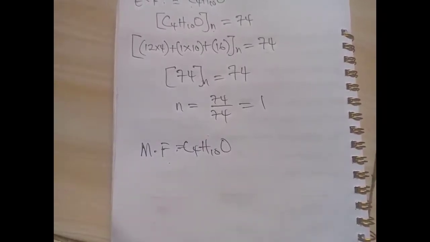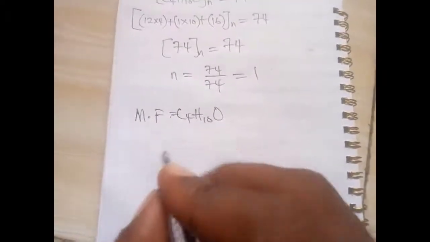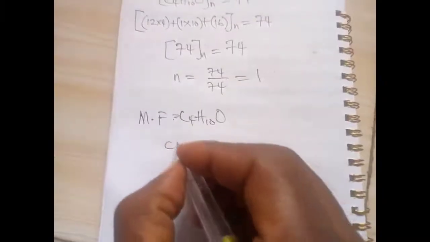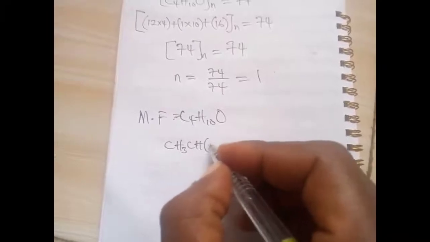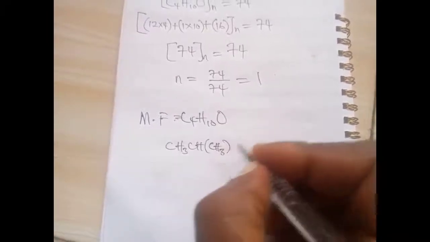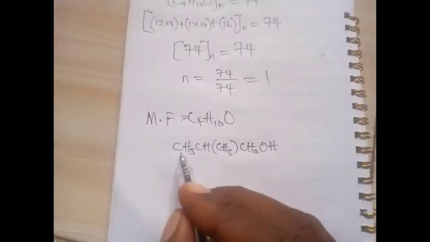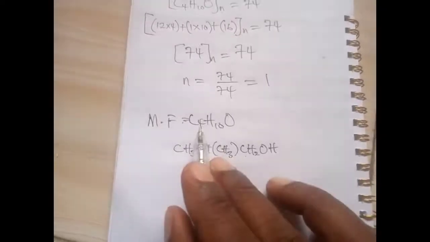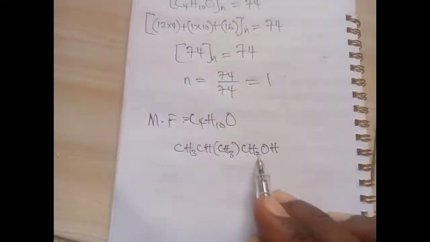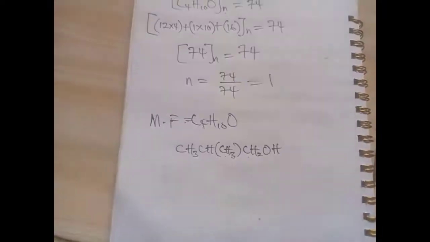The next thing they said is that we can suggest or write down any possible structural formula for this compound. So the possible structural formula is, we can write CH3, CH, branching CH3, then CH2OH. We have 4 carbons, and for hydrogens we have 3 plus 1 plus 3 plus 3, which is 10.